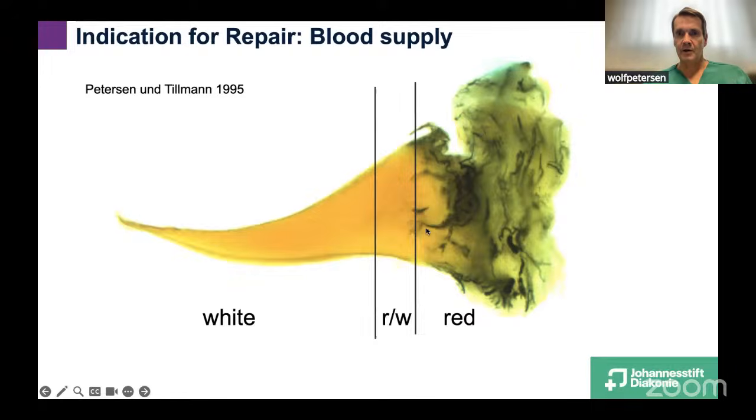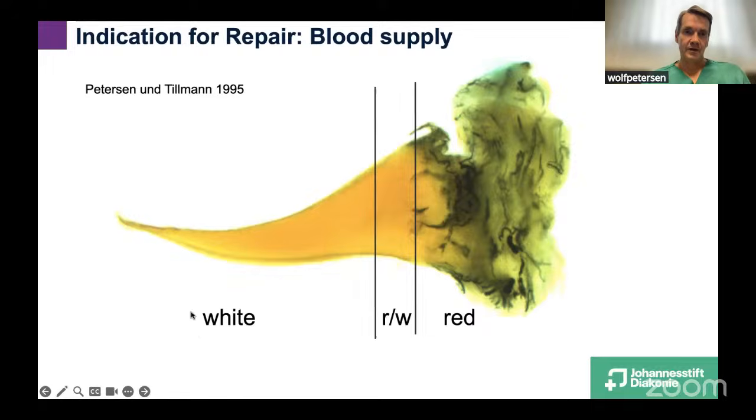This was a specimen injected with ink, and these small black structures are the blood vessels, and the blood vessels penetrate the base of the meniscus from the joint capsule.